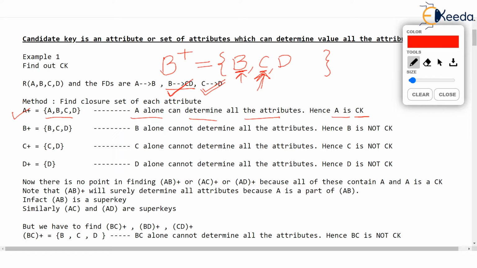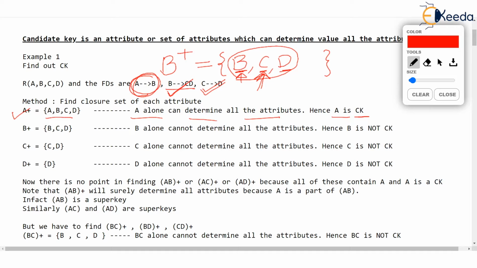And now can we use this dependency which I am encircling, A determines B? No, we can't, because B, C or D, which are there in this closure set, are not determining A anyway. We don't have B determines A. We don't have C determines A. We don't have D determines A. Have you found out something interesting here?